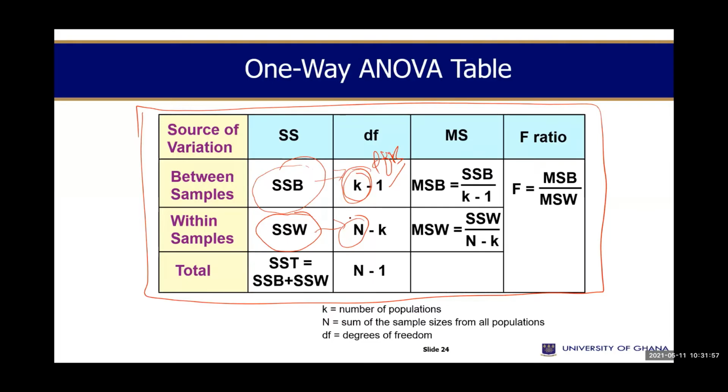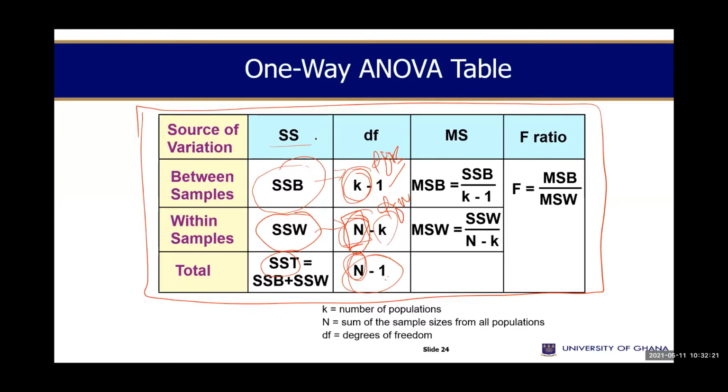When we put all the sample sizes together, that gives us what? N. That's the capital N here. We already know K. The difference here will give us the degrees of freedom within groups. Then, of course, if I want to know the degrees of freedom for total, it is the capital N minus 1.